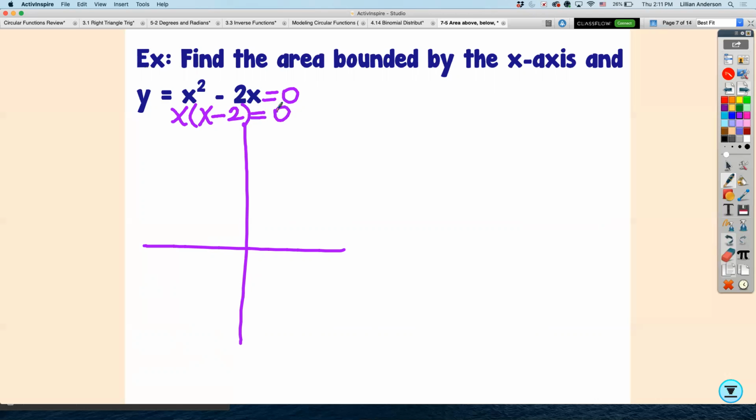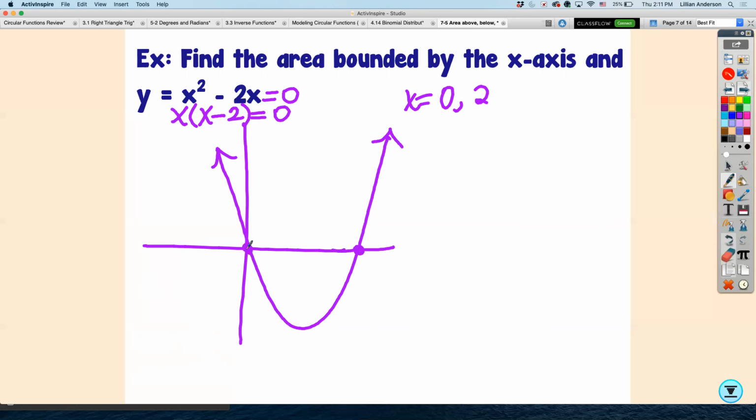So where are my two x-intercepts? 0 and 2. Since it opens up and it hits the x-axis at 0 and 2, you're looking for the area bounded between the x-axis and the curve. Essentially, you're looking for that.